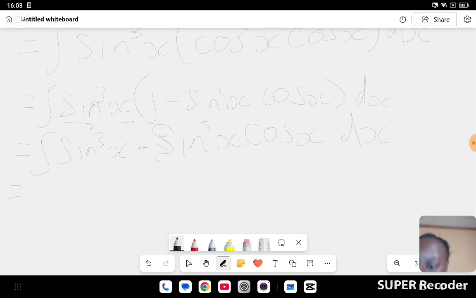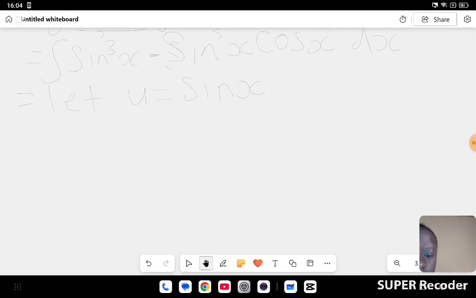This is equal to, let's let our u be equal to sine x, then we differentiate. du over dx is equal to cos x.